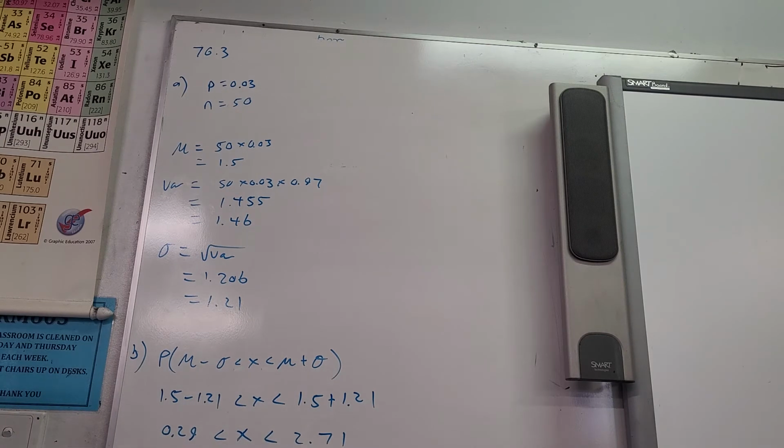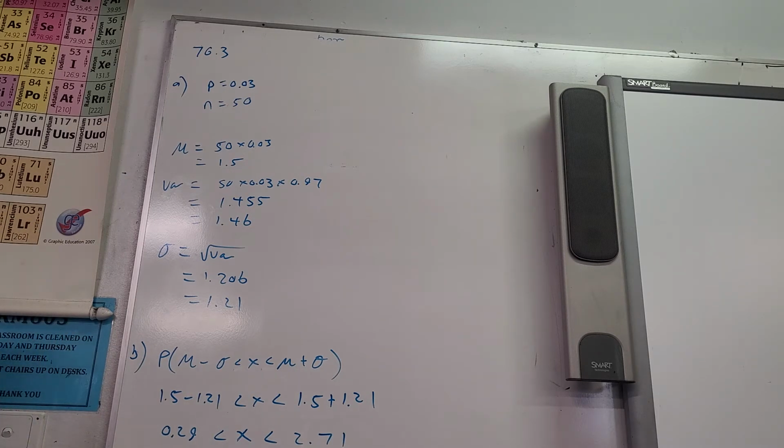Okay. So now the question is saying, if you're picking a match out of this box, what is the probability? Remember, x is the number of defective matches. What is the probability that it's between 0.29 and 2.71, not inclusive? So if we think about number of defective matches, you could have 0 defective, you could have 1, 2, 3, 4, all the way up to 50 really.